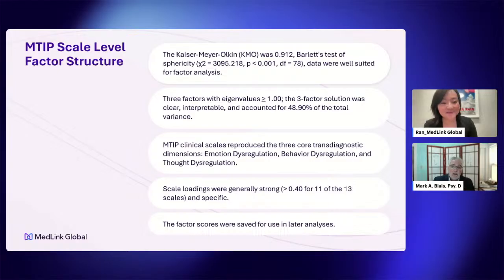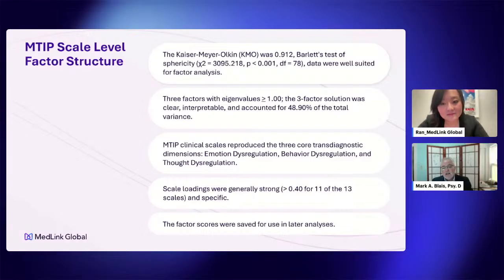Now, knowing that the scales had good item and scale level psychometrics, we employed a more rigorous method to determine the underlying factor structure. The data were quite well suited for factor analysis. The KMO was 0.91. When we used principal axis factoring, we extracted a 3-factor solution that was clear, interpretable, and accounted for almost 50% of the variance.